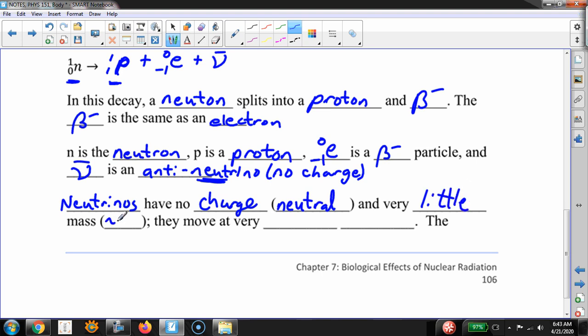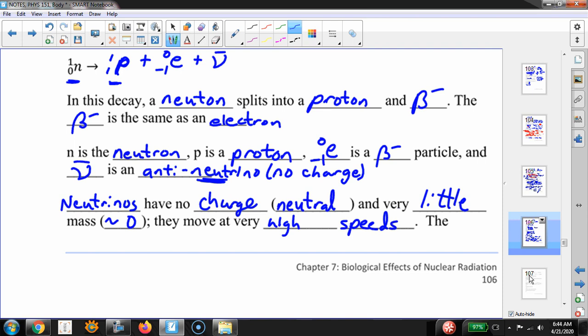Their mass is basically 0. It's a little bit above 0, but it's basically 0. And they move at very, very high speeds. I'll show you a video later, but the neutrinos are important because they allow for conservation of energy and momentum. They take energy away from the particle.